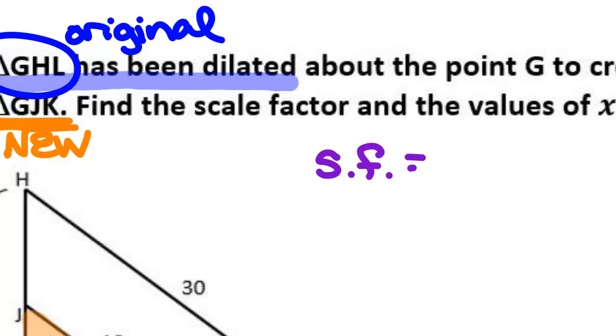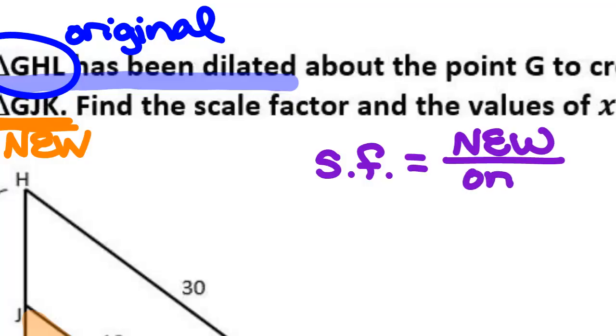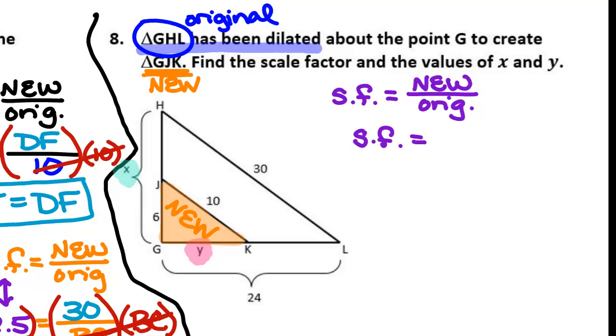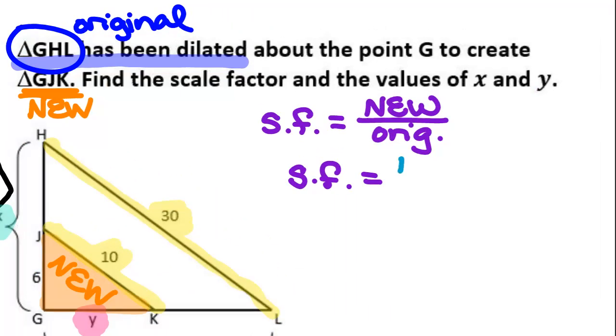Scale factor is equal to new divided by original. I need to pick out a pair of corresponding sides. What's a pair of sides that would be corresponding between these two triangles? JK, this side right here, that's 10, and HL, this side right over here, that is 30. So new goes on top, 10 goes on top, original goes on bottom, so 30 goes on bottom.